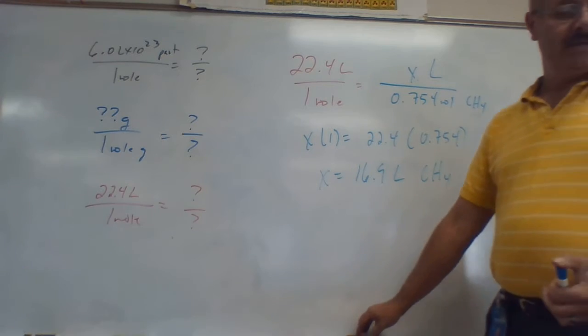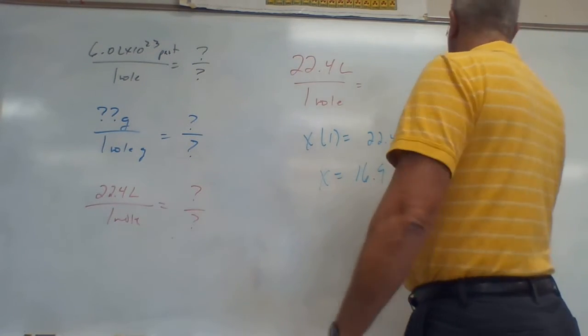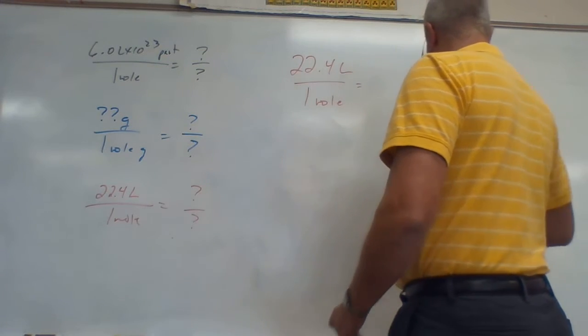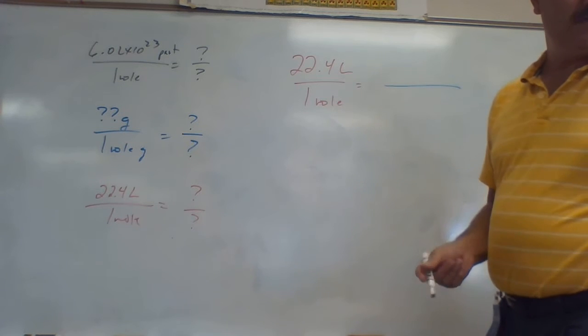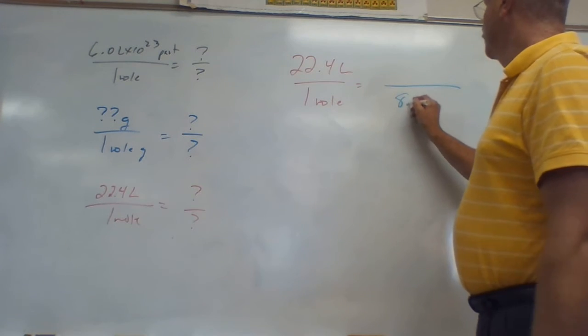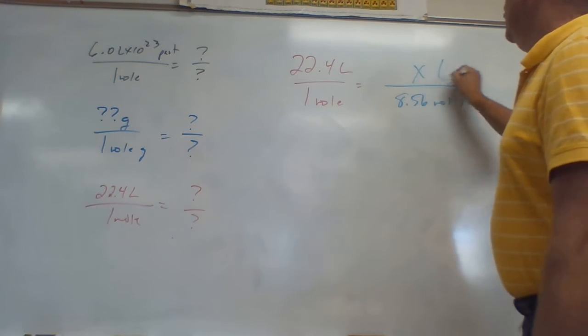All right, letter C on this one, we get 8.56 moles of nitrogen. So it's moles again, so that means it goes on the bottom. And it's 8.56 moles of nitrogen, and we want to find out X liters of that.